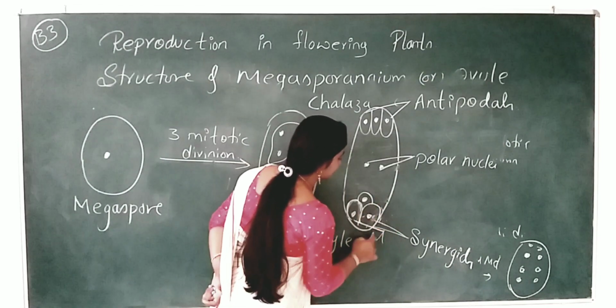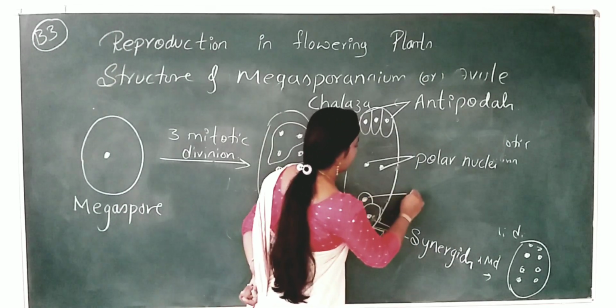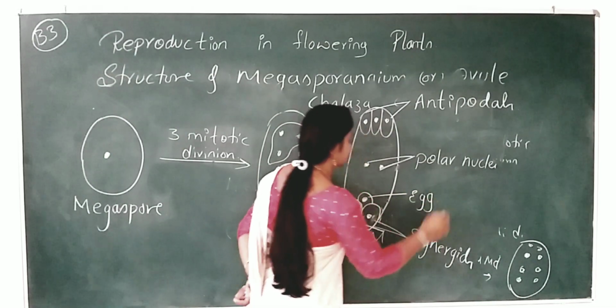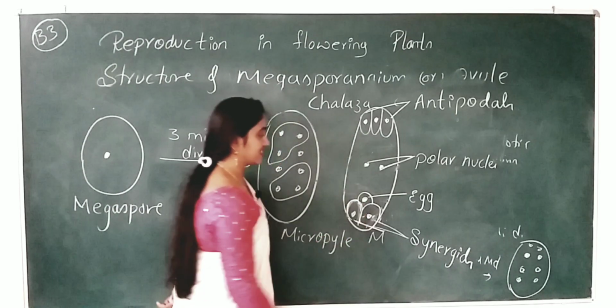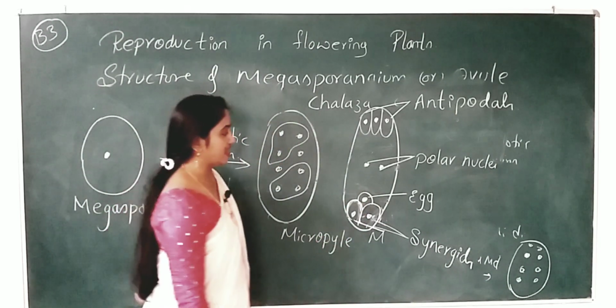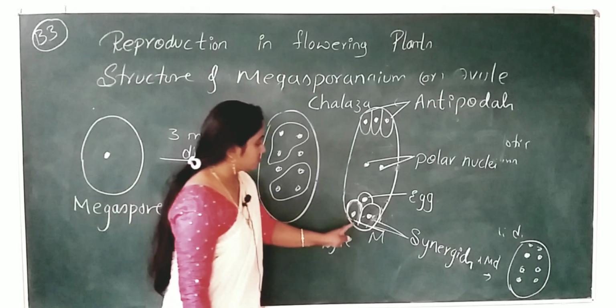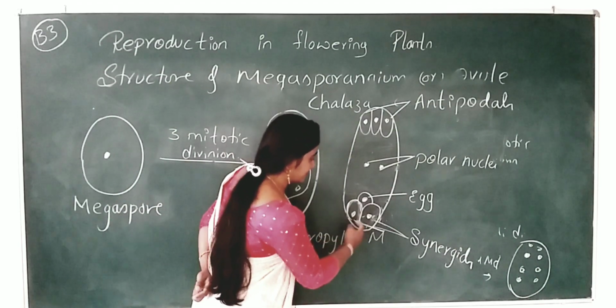So these two cells are known as synergids and one cell is an egg cell. So this is the female gametophyte or embryo sac.